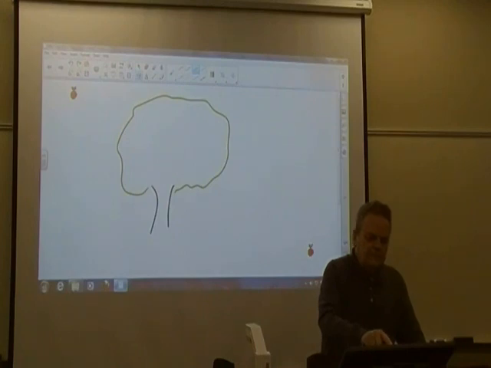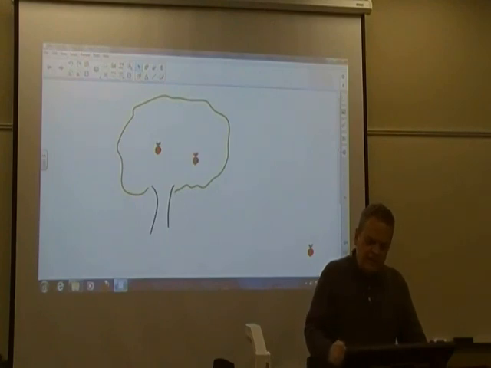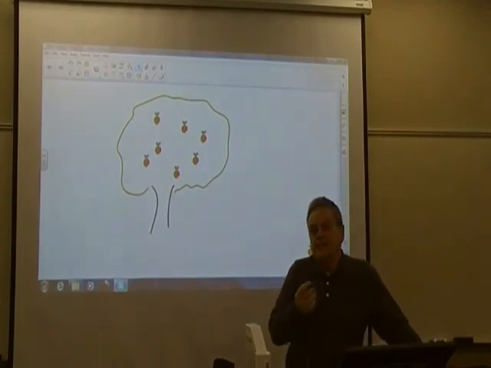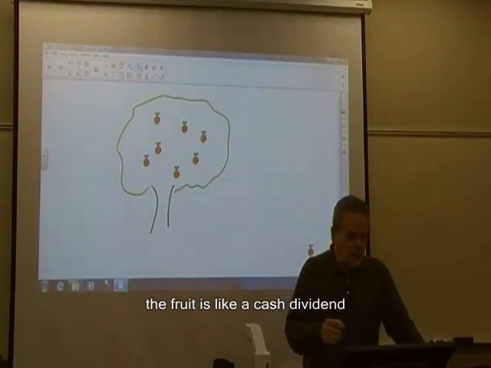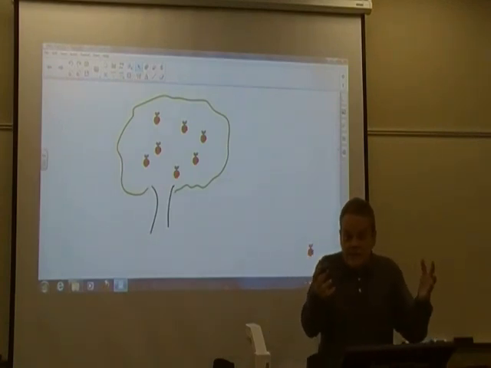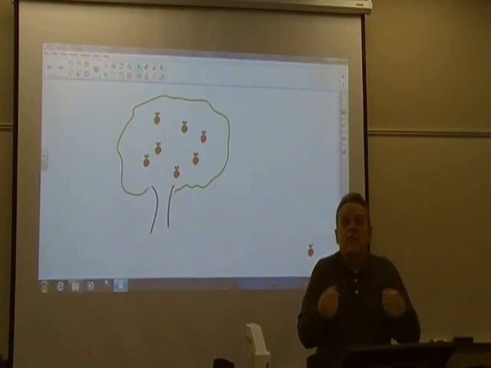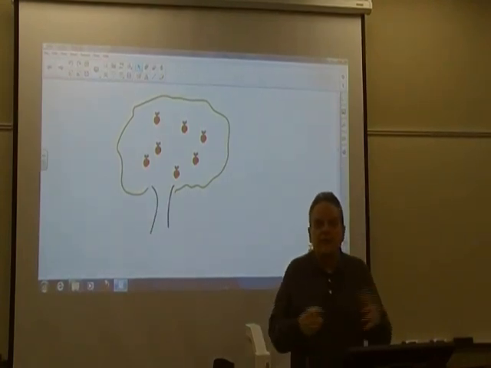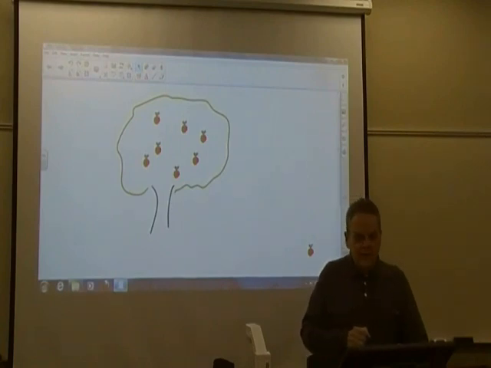Let's say that this is a fruit tree, and this fruit tree is bearing fruit. Or, to be more specific about my analogy, if you didn't get it, that's a dividend. So, if I invest in this stock and they pay me a cash dividend, I reap the fruit. I get the fruit of the tree.